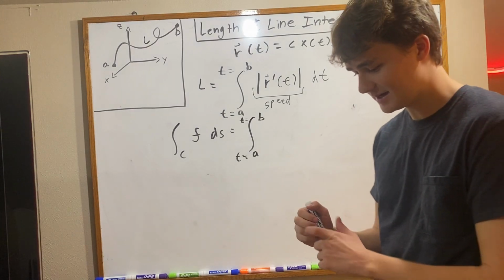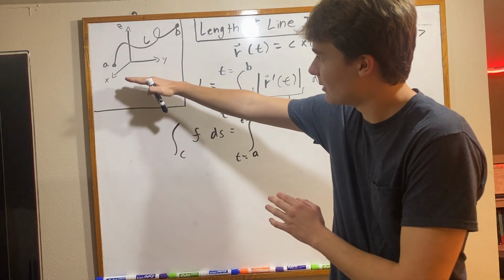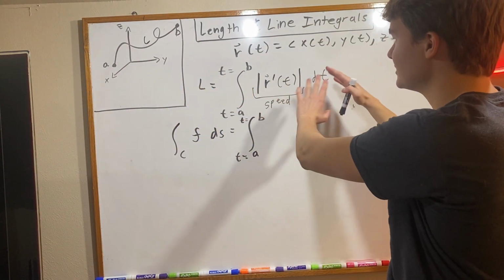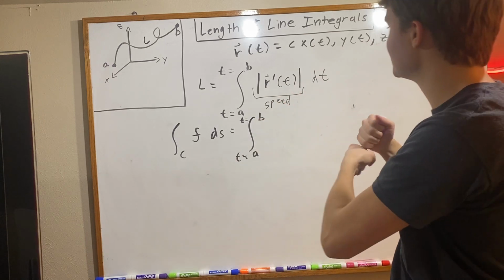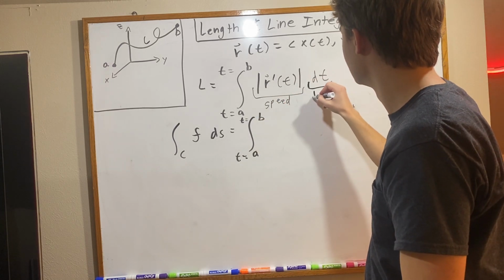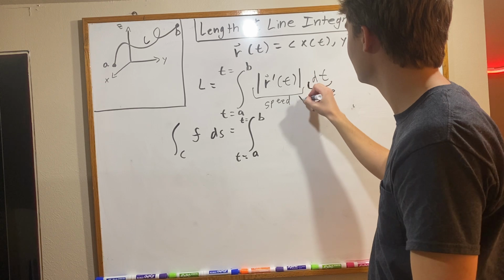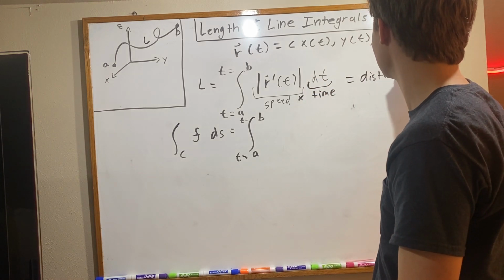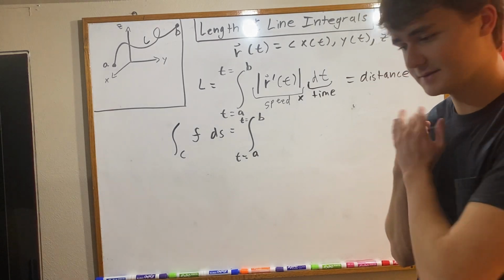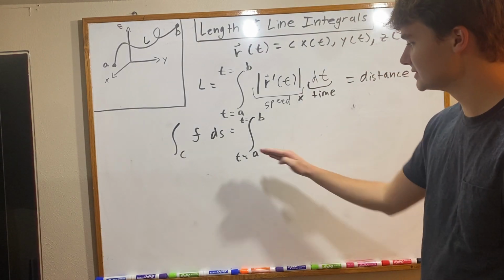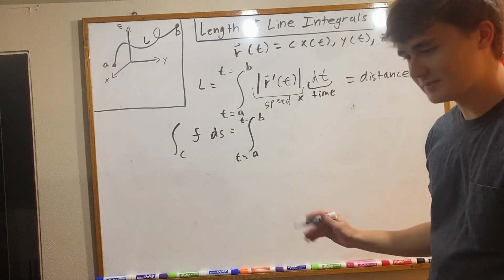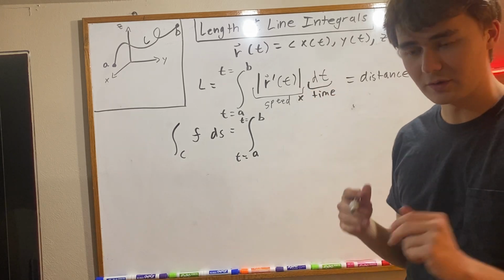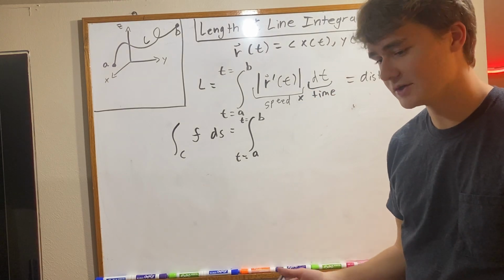We're basically going to do the same thing as here: speed times time, which is equal to distance. We know that from physics. From t equals a to t equals b, we do the same thing, but at every point we multiply by the value of the function.